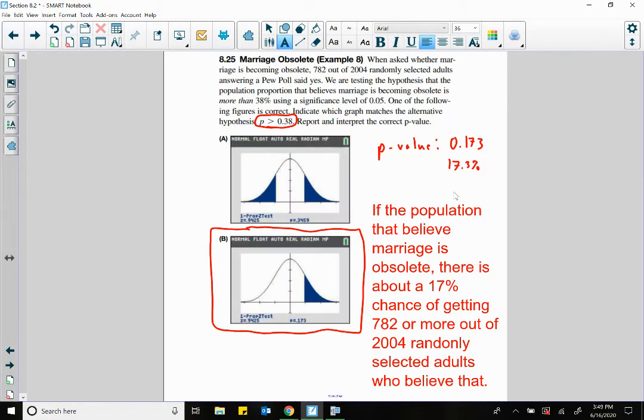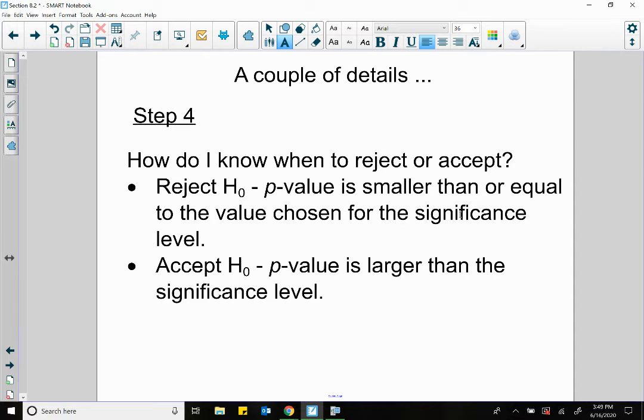So we are going to accept that 38% believe that marriage is obsolete. They were testing that it was greater than that, but there's not enough evidence to support that. There's not a statistical difference there to support it. So, when the p-value is smaller than the significance level, reject. When the p-value is larger than the significance level, accept.